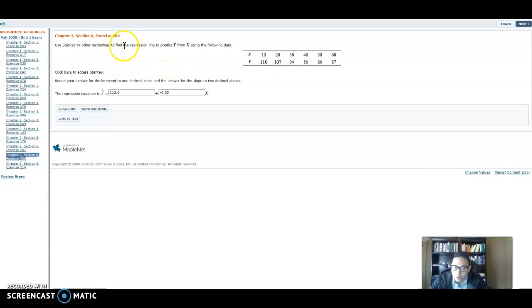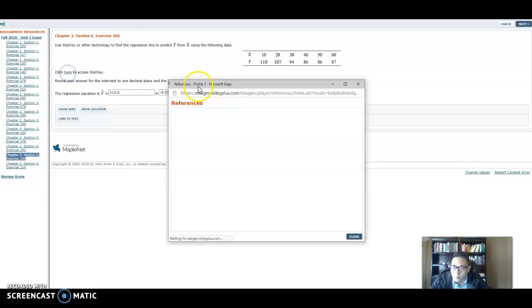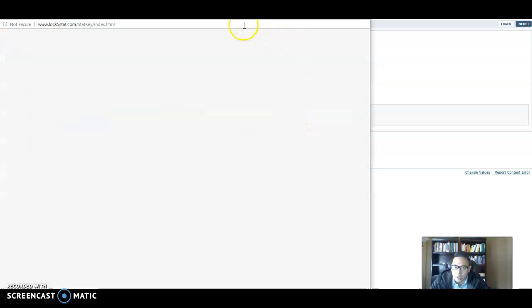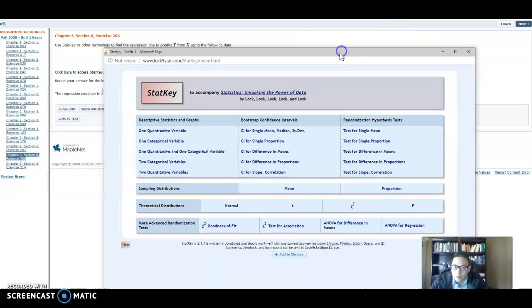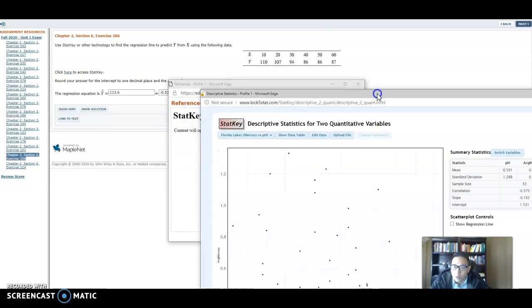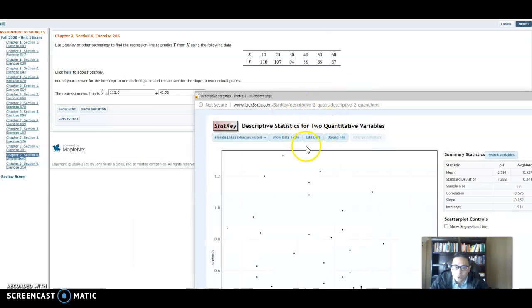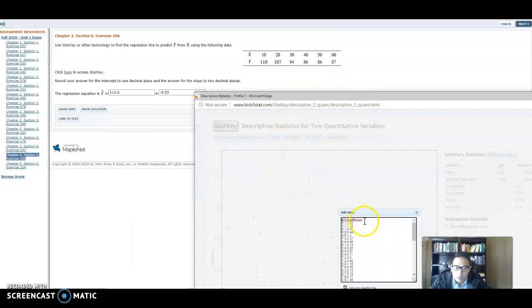Now you can use your calculator. In this case, I'm going to access the STAT key to calculate this. I'm going to use two quantitative variables, and then I am going to edit the data.